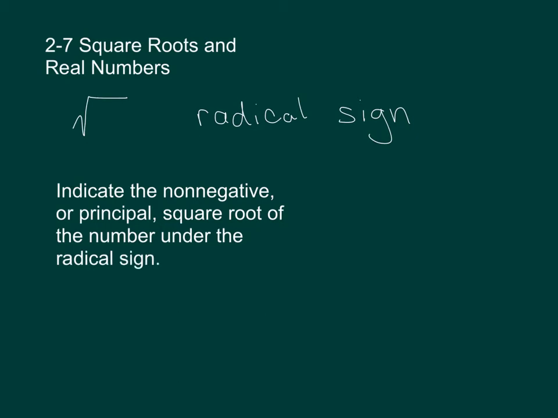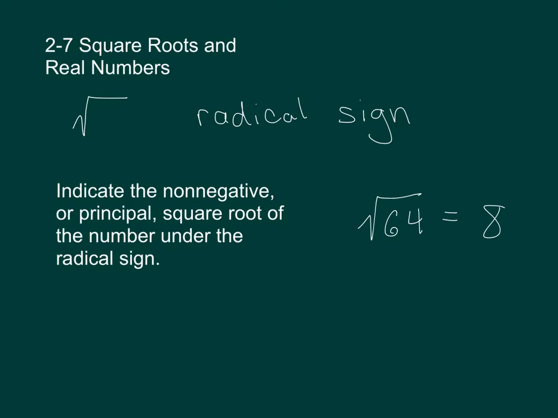Okay, so an example of that would simply be, we'll start easy. If I have the square root of 64, that would be 8, okay? Because 8 times 8 is 64. So I'm looking for the number that times itself will give me the number that is underneath the radical sign.